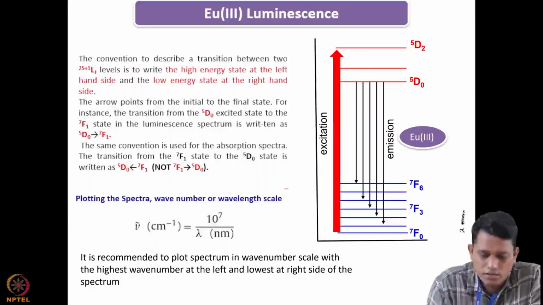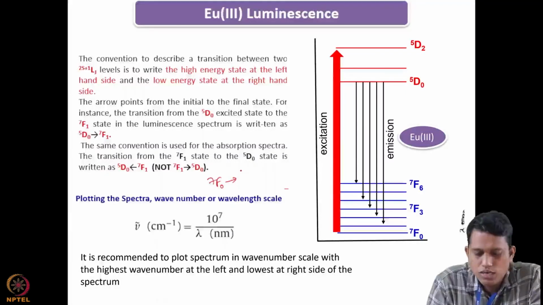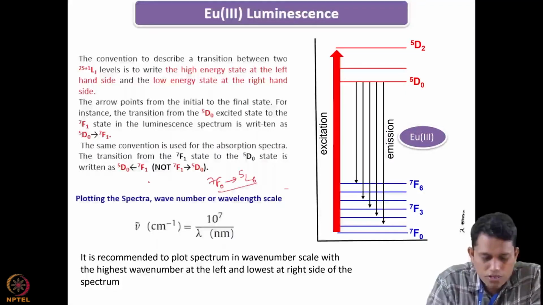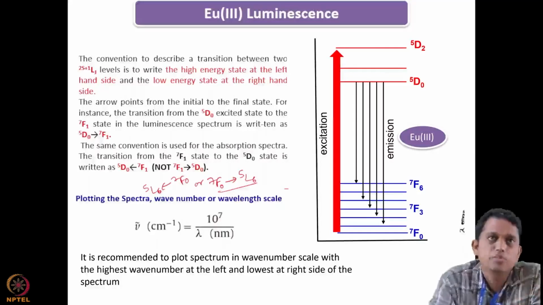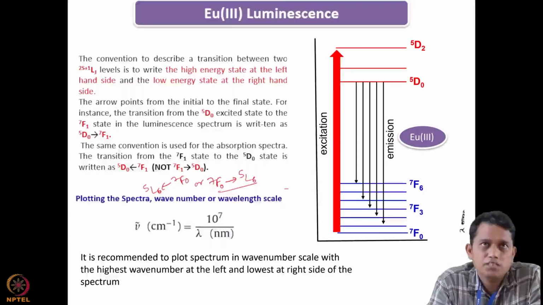We can write 7F0 to 5L6, or we can also write 5L6, then put an arrow like this and write 7F0. So what is the right way of writing? How do we represent that this is my absorption transition and this is my emission transition?